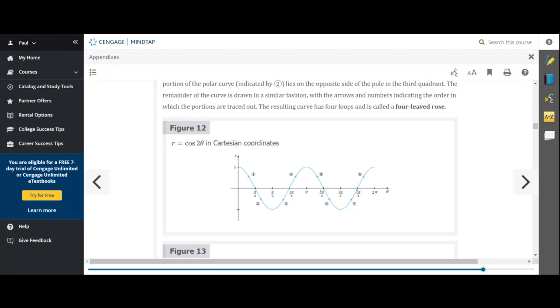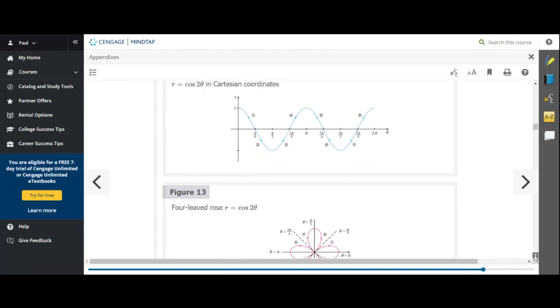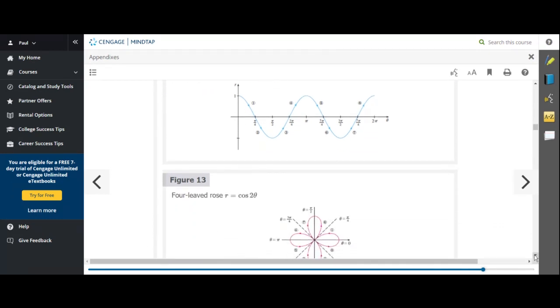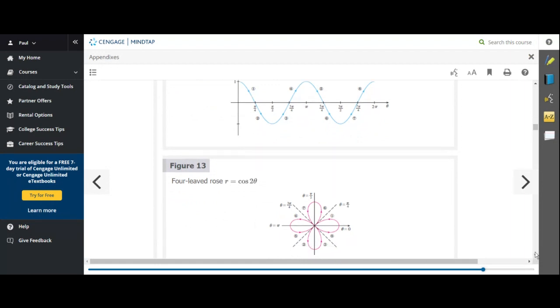It decreases. That's right, Michael. The radius decreases. It goes from 1 to 0. Well, look at what they have down here then for the polar curve. They have a 1 here.